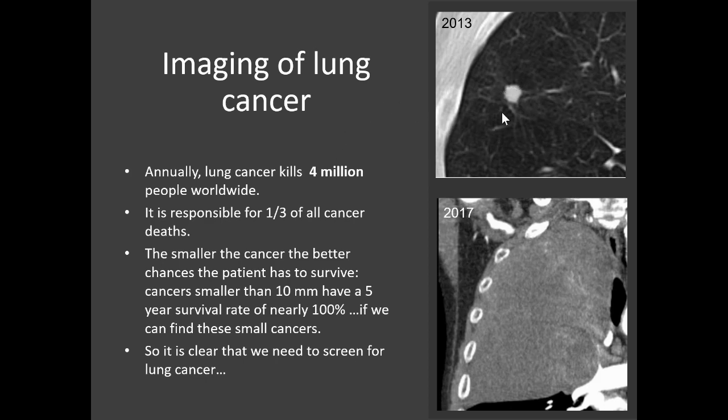There was this older man who was a heavy smoker, and he had one CT study in 2013 on which they saw this right upper lobe somewhat spiculated nodule, and he was ordered to come back a couple months later to assess for progression. He never showed up, only showed up in 2017 when the complete right upper lobe was atelectatic, and I believe that he passed away a couple months later.